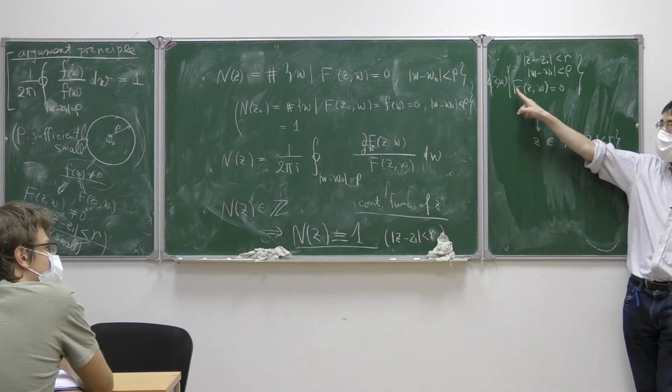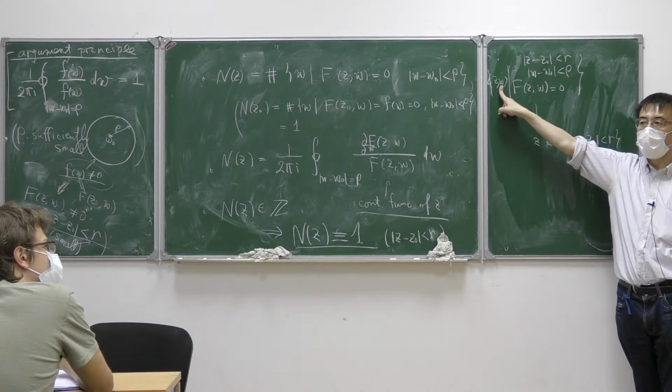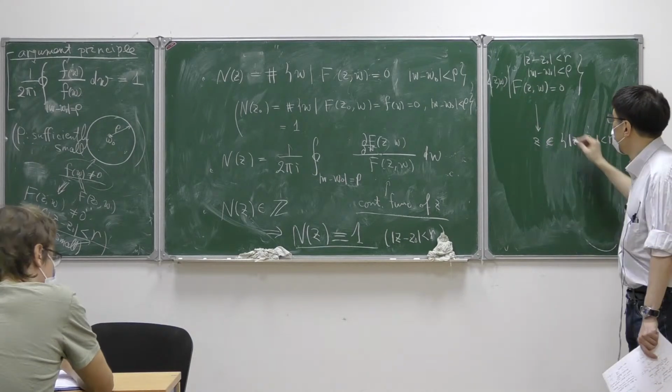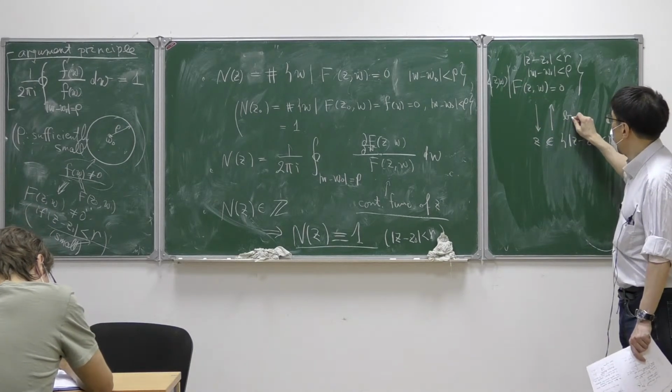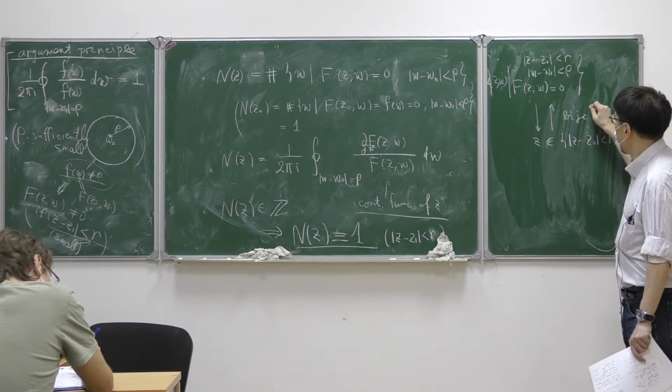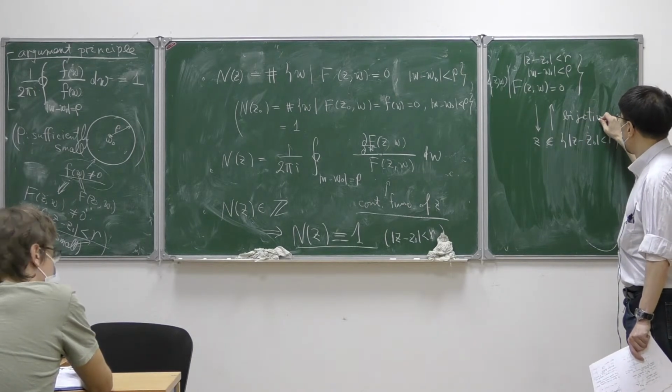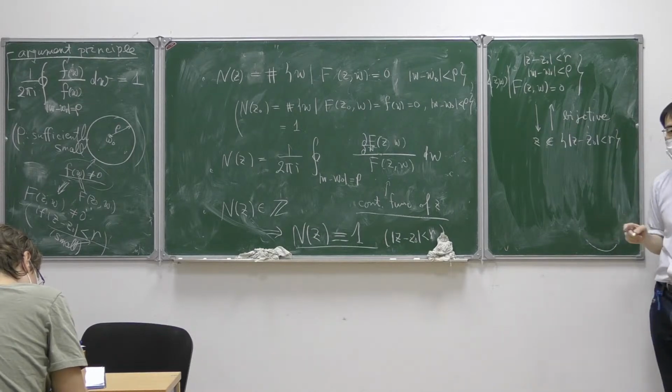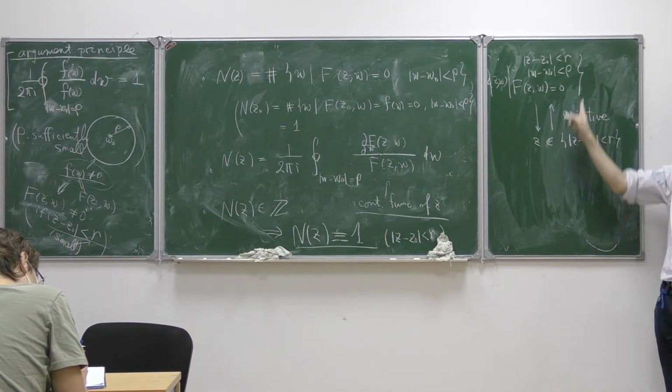There's just one W. So we have a bijection between them.